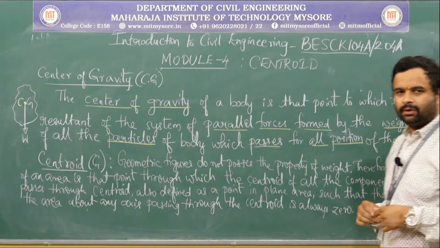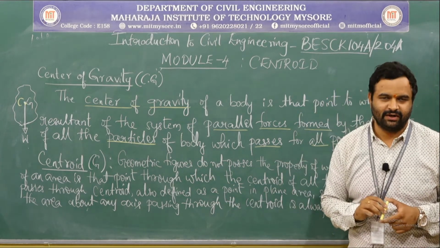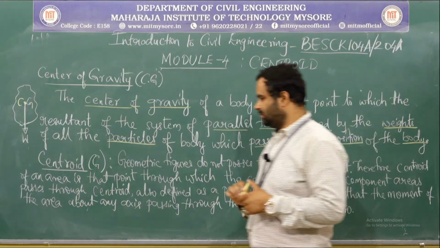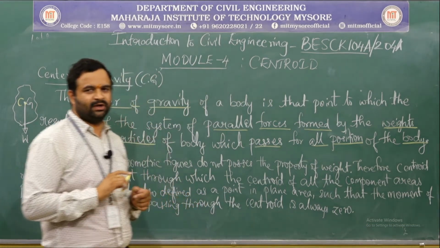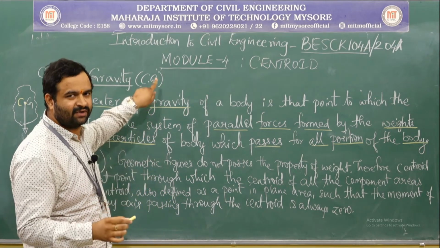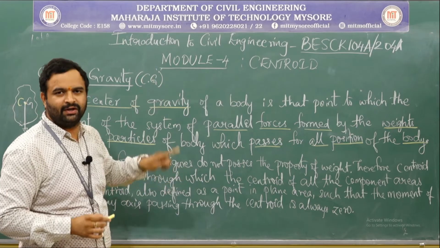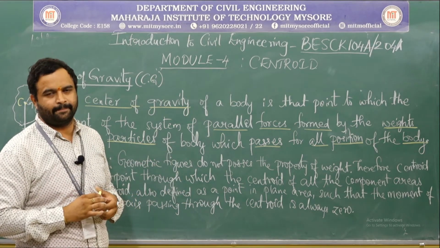Now let us understand what is centroid, which is denoted with the letter G. See, centroid is applicable only for geometrical figures. The body which has mass has a center of gravity, but for a body having no mass, we can locate the centroid.